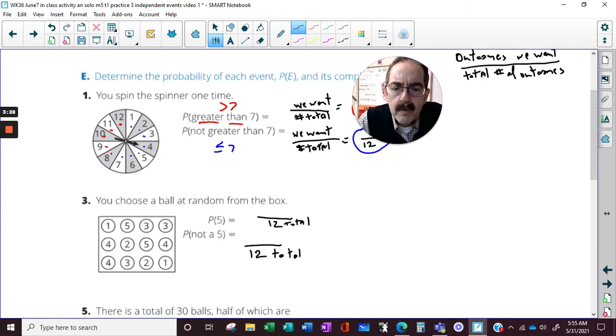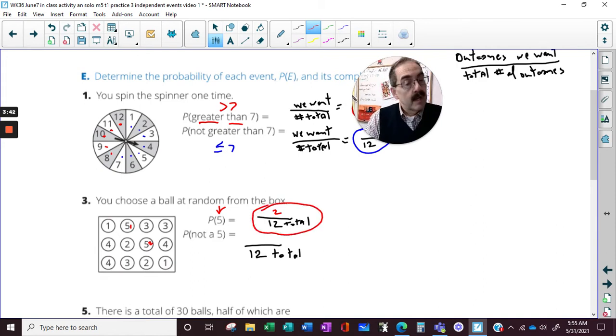What we want is a 5. How many 5s are there? 1, 2, 2 of them. 2 out of 12. Done. Now, whether it's Mathia or computer, they're going to want you to simplify. Half and half, 1/6. Okay?